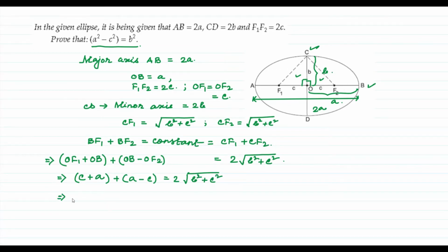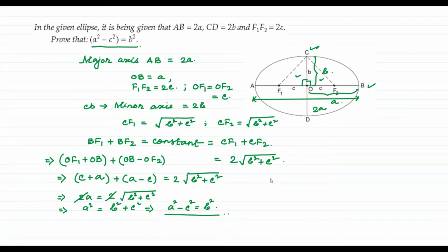So by calculating, we are getting twice a equals twice root over b square plus c square. Cancelling and squaring both sides, we get a square equals b square plus c square. That implies we are getting our answer: the relation a square minus c square is equal to b square. Now we know the eccentricity.